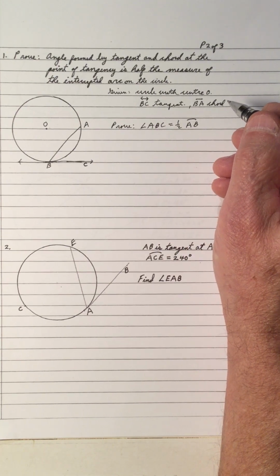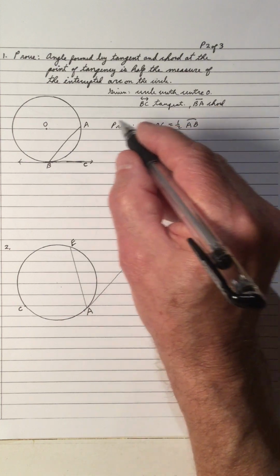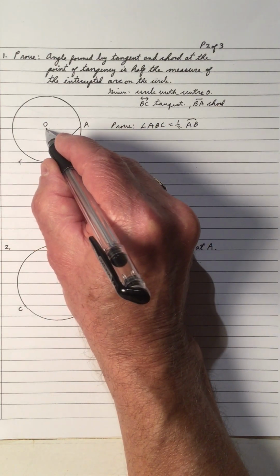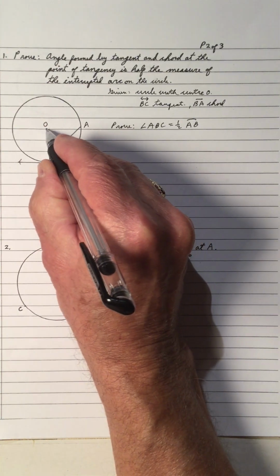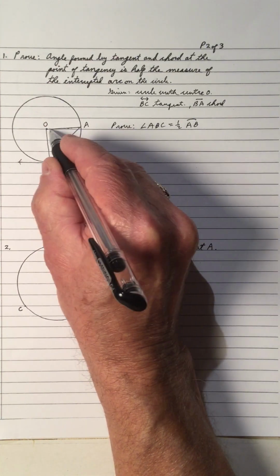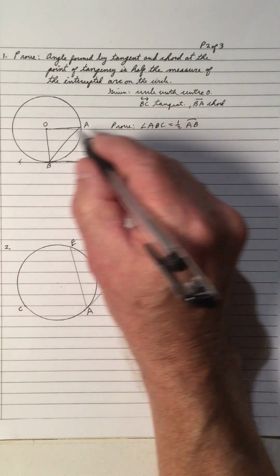To do that, we're going to join the radii OB and OA.